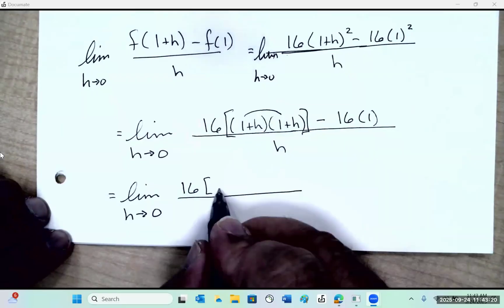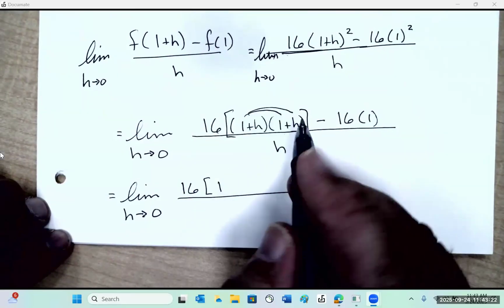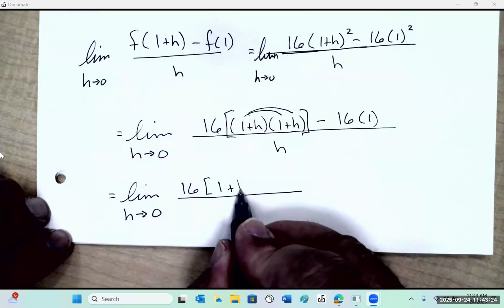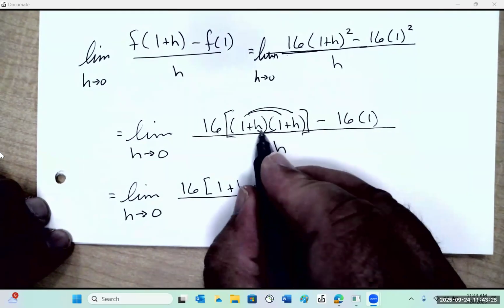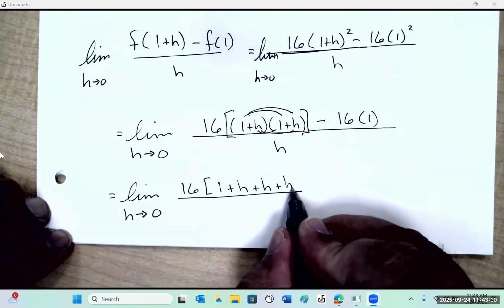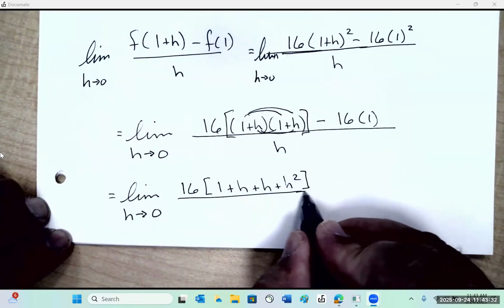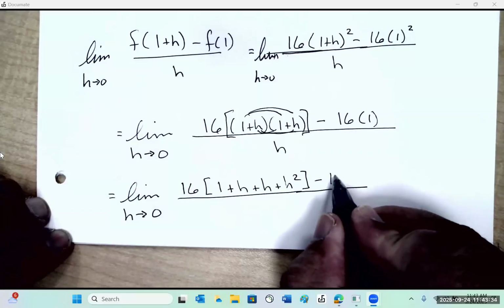One times 1 is 1. 1 times h is a positive h, plus h, plus h squared, minus 16.